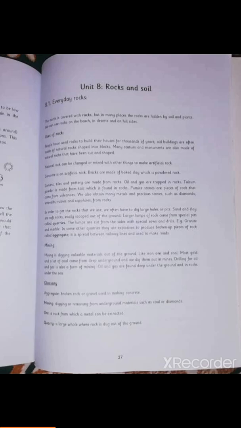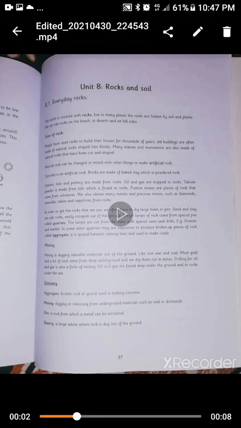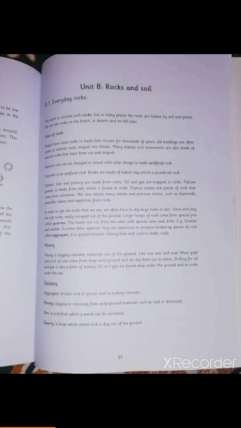So, we know that some types of rocks, like the natural ones, are used to make houses, like old houses, and you can also find them in statues and monuments. They all use natural rocks from the ground to create other things like buildings and statues, but they usually get reshaped to fit whatever they need it for.